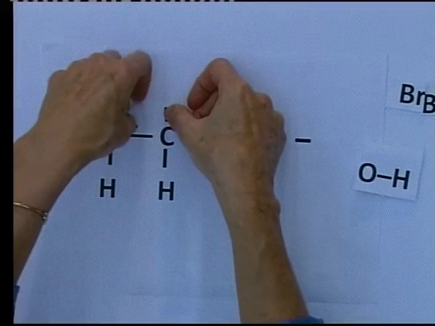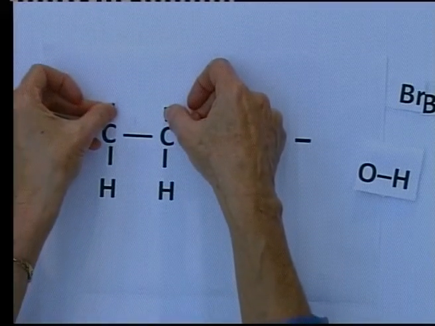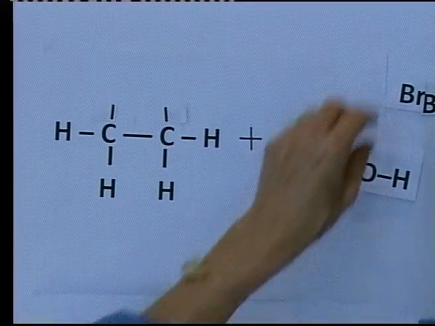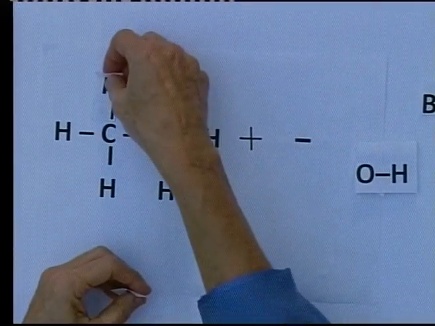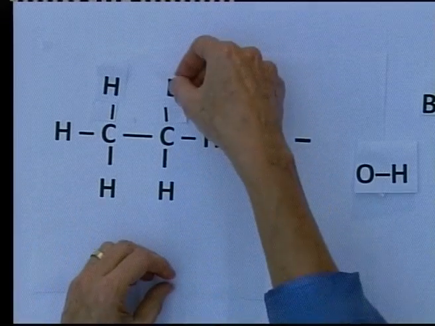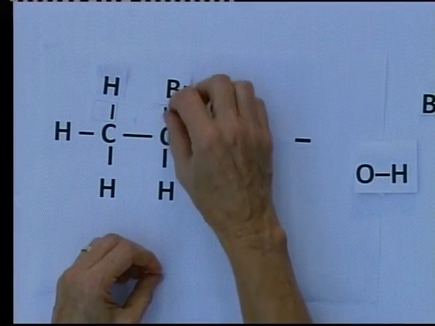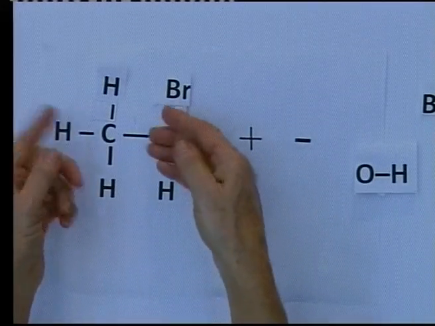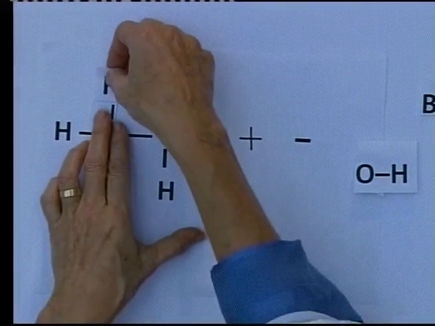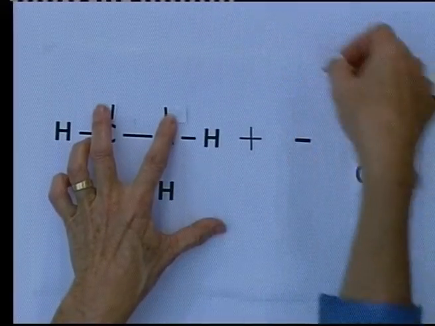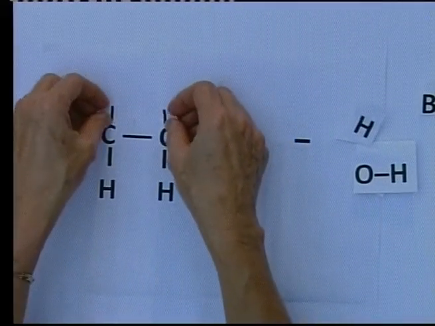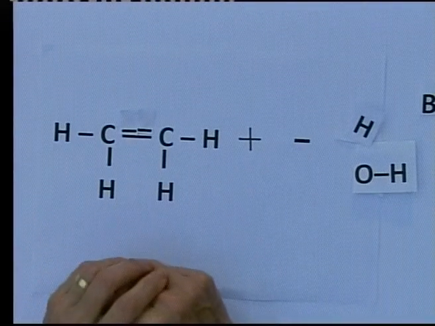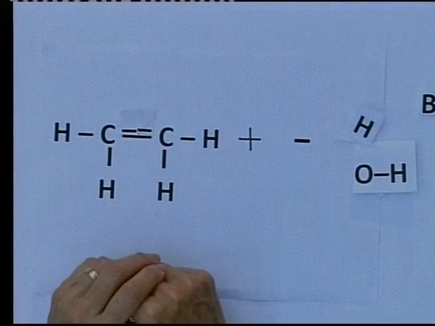Let's have a look at another possibility of an elimination reaction. Previously we have added a hydrogen and a halogen. You remember that was called hydrohalogenation when I added them. If you would now remove a hydrogen and a halogen, and it will go back to a double bond, you will call that dehydrohalogenation.